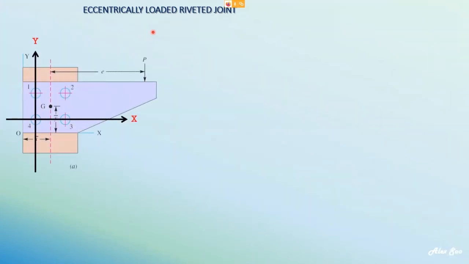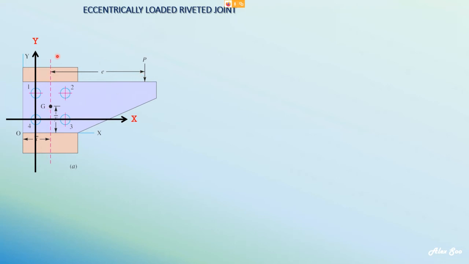On eccentric loaded riveted joint. So you have this bracket here, this diagram here, where you have the force P acting at a distance E, eccentricity, away from the CG.